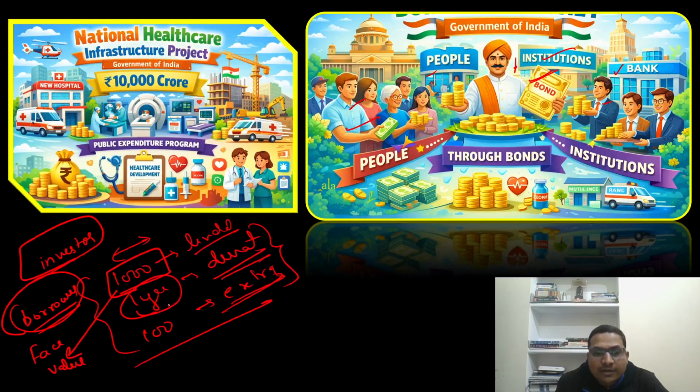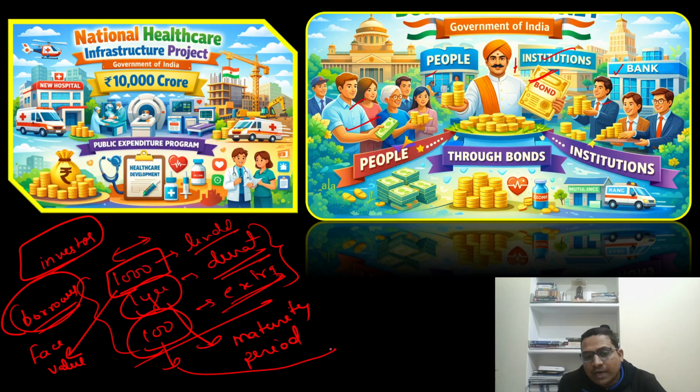Okay, and the time or the duration for which this bond has been issued or this promise note has been given to you is called the maturity period. And this 100 extra money which you get is called your coupon payment.